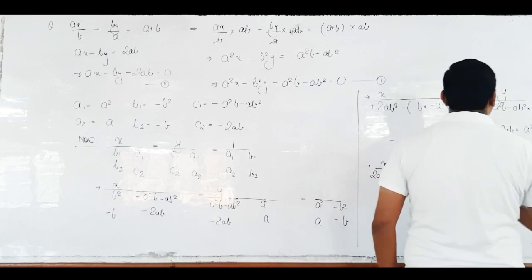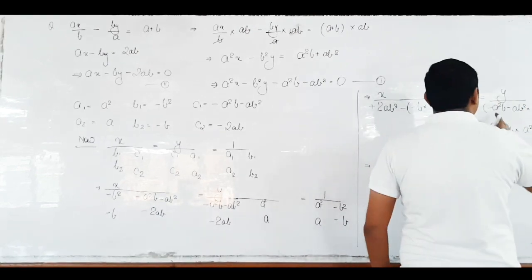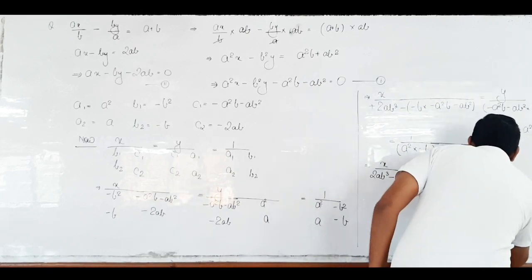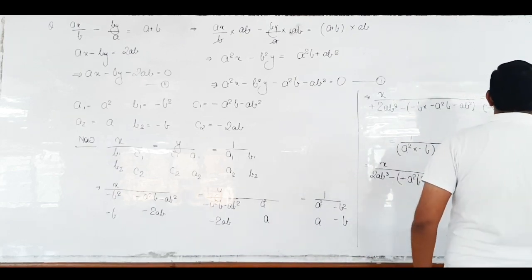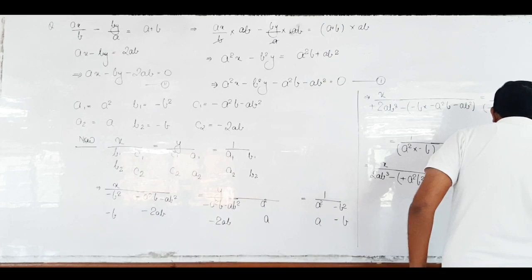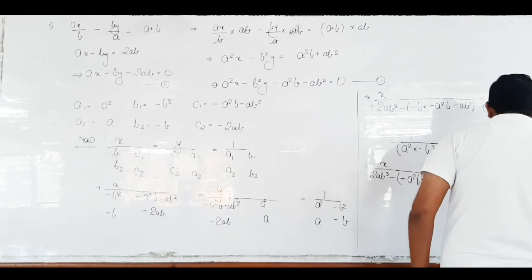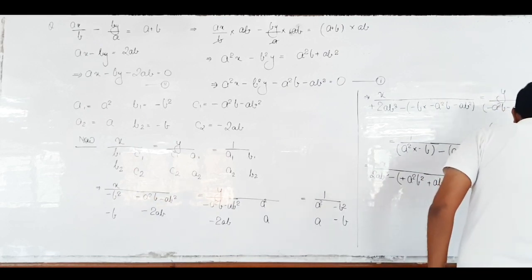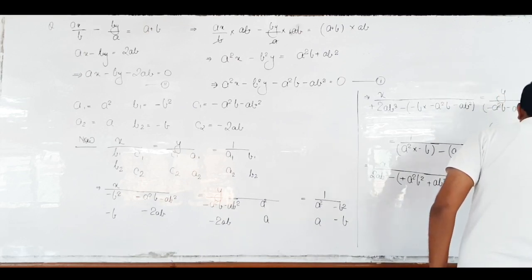Y by minus into plus, it's minus a square into a square b into a, it's a cube b, minus into plus minus ab square, it's a square b square, minus into plus minus 2ab square, it's 2a cube b.